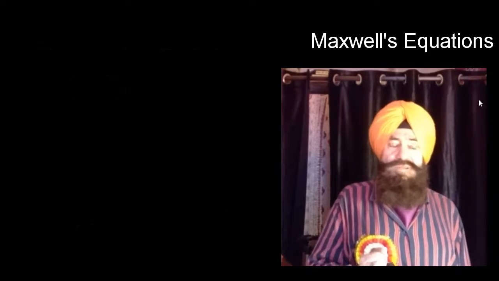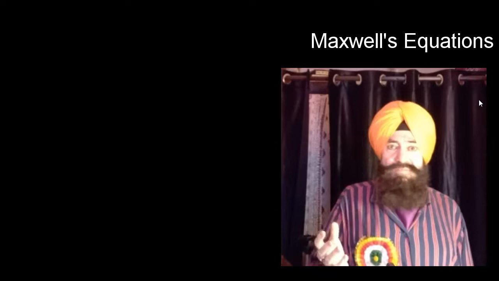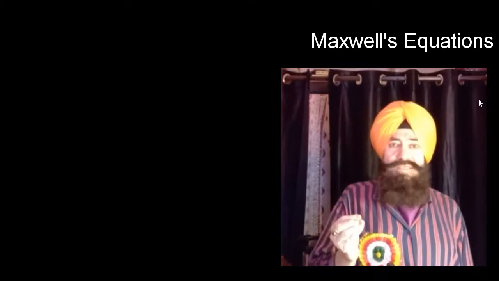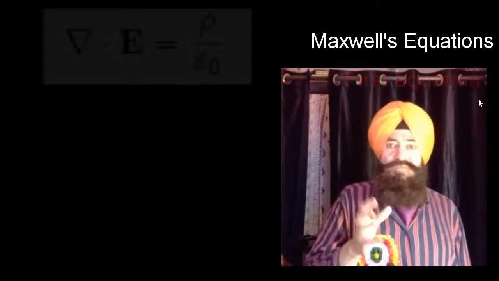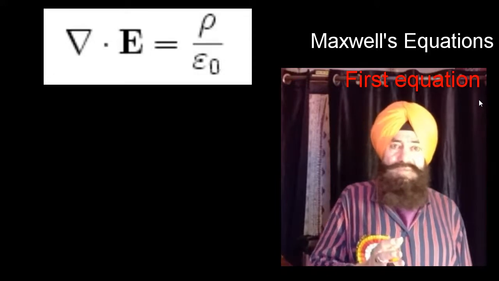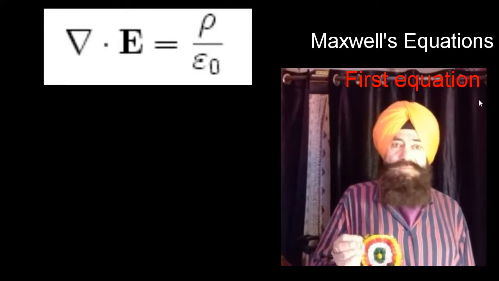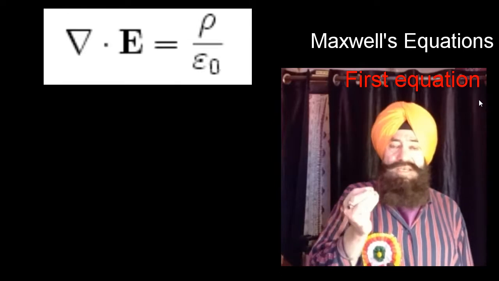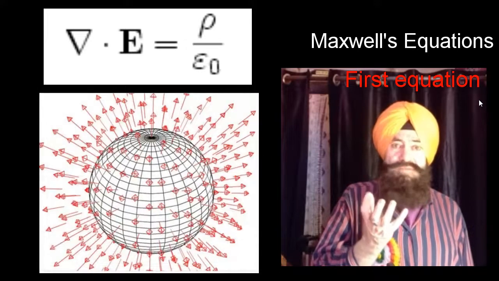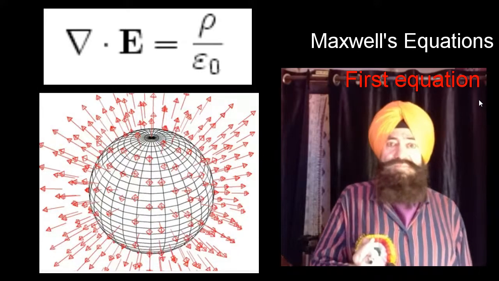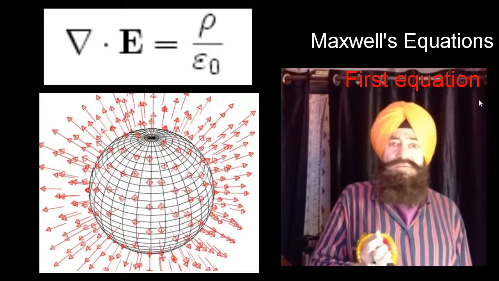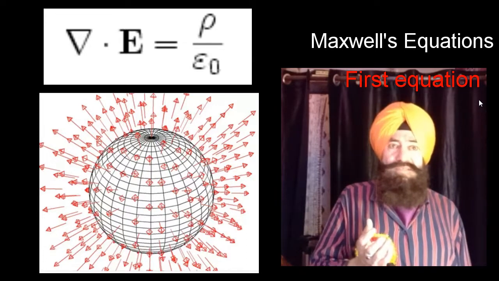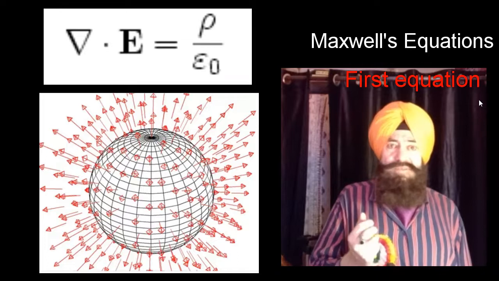Let's come first of all to the Gauss law, which is very simple. Gauss law tells us that the divergence of the electrical field is equal to 1 over epsilon naught times the charge enclosed by a body. What the divergence is, just look at the figure.